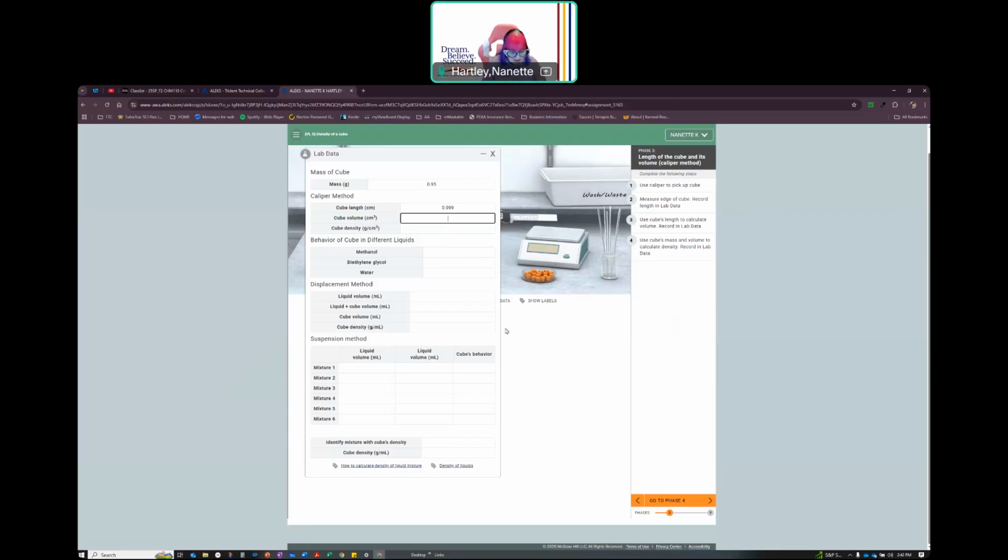Three sig figs, because that's what I have, so 0.997 is what I am with. And my cube density, 0.95 divided by 0.997, ends up with 0.9528, should be 2 sig figs because my mass was 2 sig figs, so 0.95. That's what I end up with there. I've recorded all of that, so I can go on.